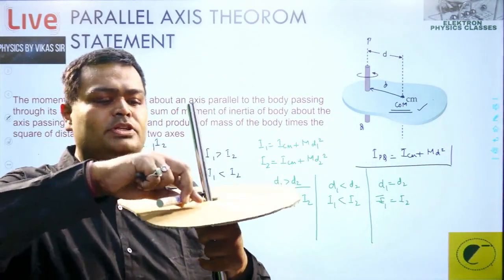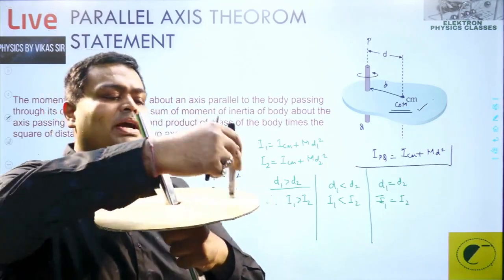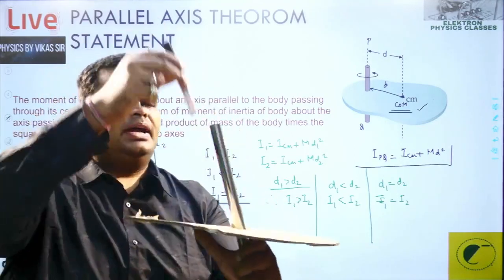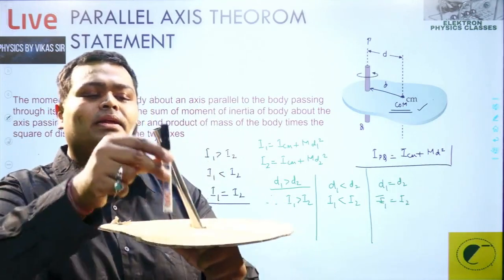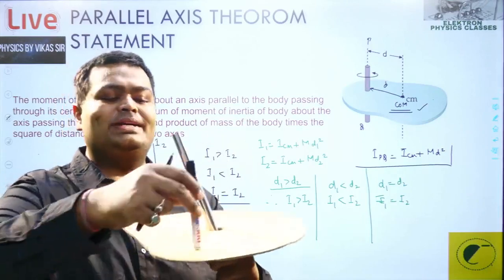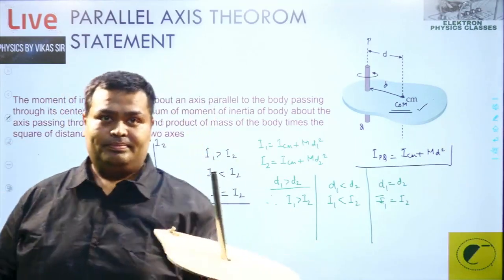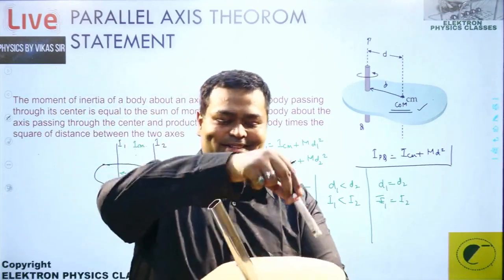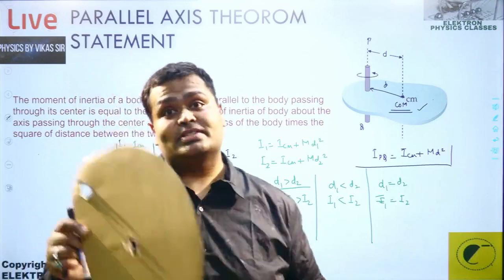The distance is this much. I can have an axis here, the distance is this much. I can have an axis here, distance is this much. I can have an axis here, distance is this much. So all these axes will be parallel and equidistant from here, and all these axes will have the same moment of inertia, and their locus can be a circle like this. So there can be infinite axes which have the same moment of inertia.